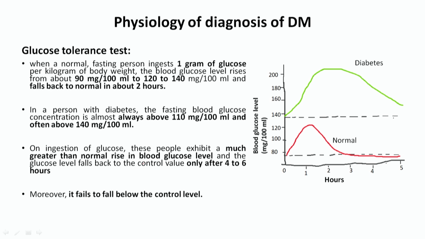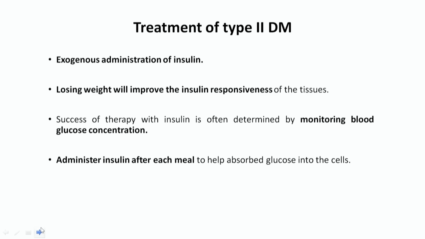But in a diabetic person, if they ingest glucose externally, their glucose level will increase to a much higher level, and they will not return to the normal level. So, that is the important test to diagnose diabetes mellitus, called the glucose tolerance test. In this way we can test whether the person has diabetes mellitus or not.